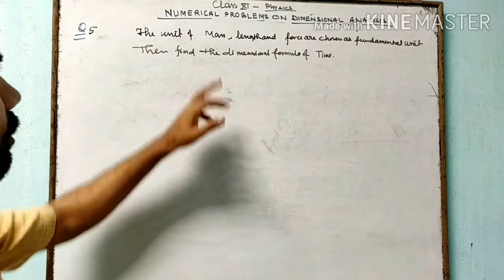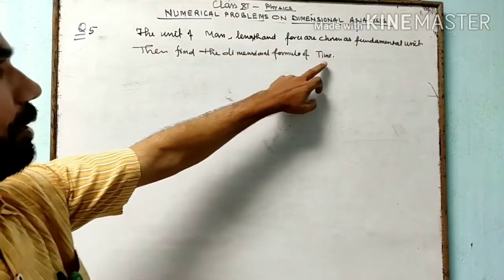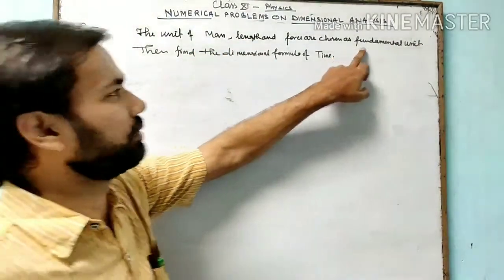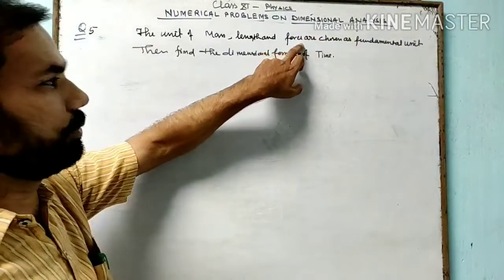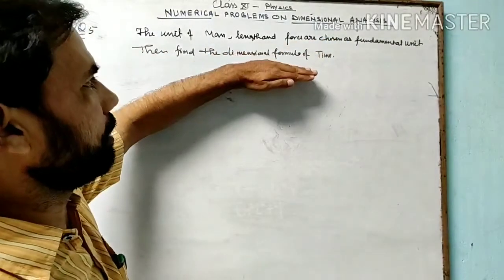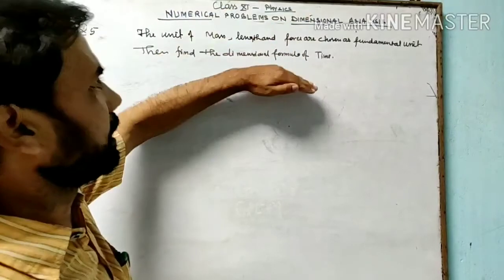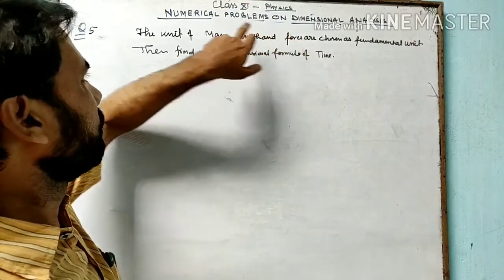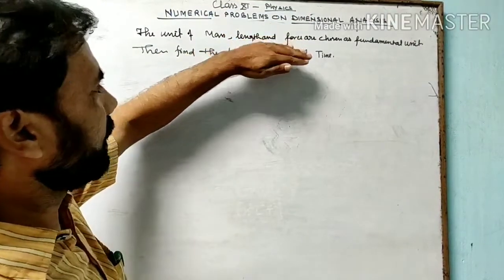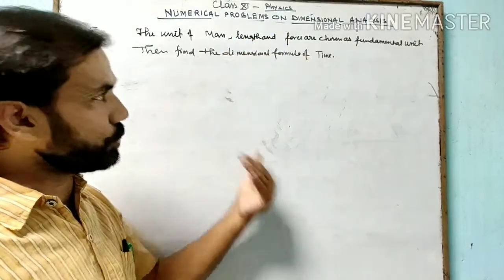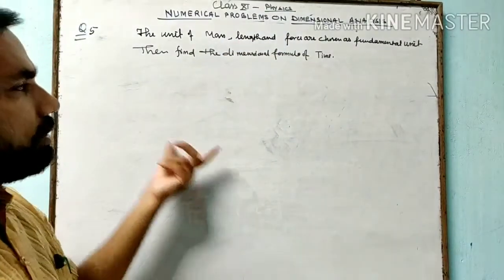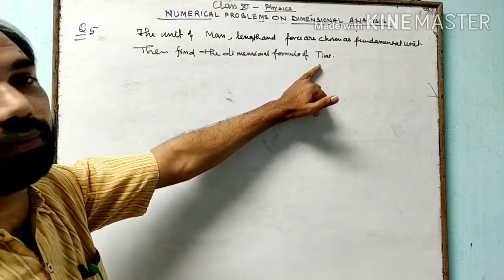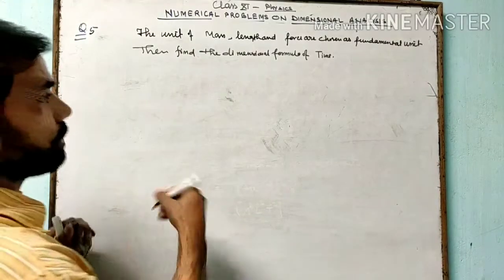As you know, mass, length and time are the fundamental units, but force is not a fundamental unit. But in this particular problem, it has been given that force, mass and length, all three, are used as fundamental units, so what would be the dimensional formula of time? Let us try to solve it.